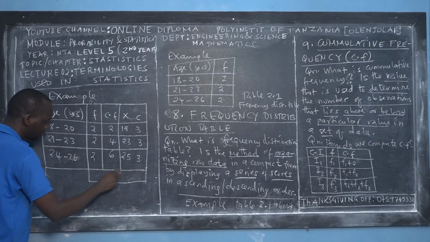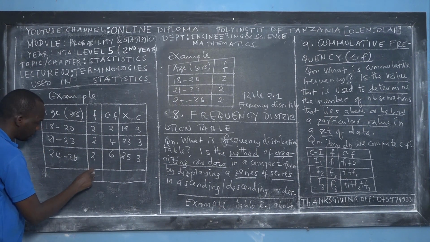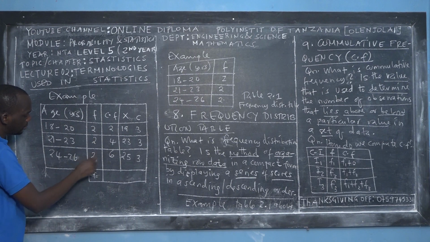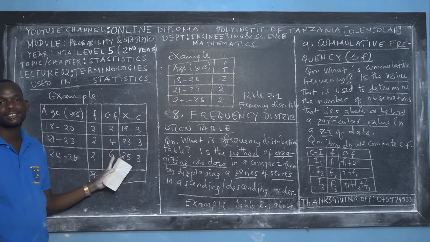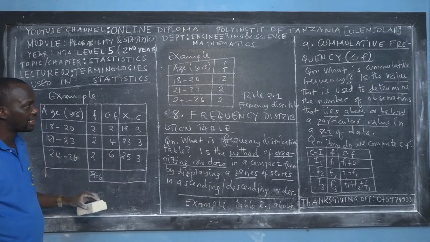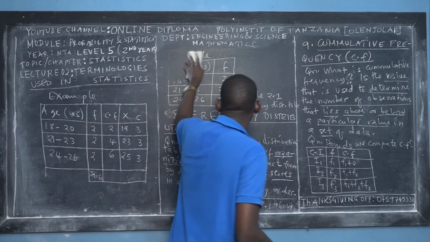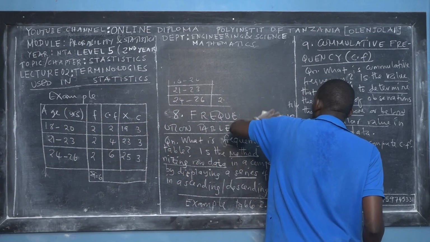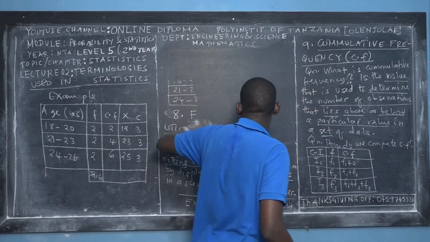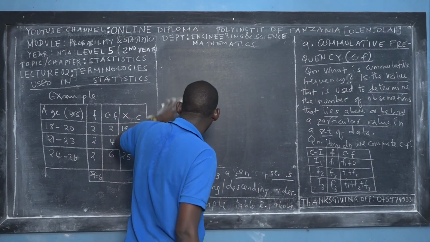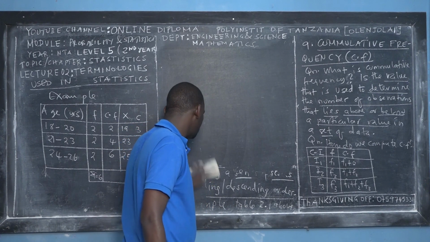We can also have something called the summation of the frequency. For this case, you sum 2 plus 2 plus 2, equal to 6. Always the sum of the frequency will be equal to the last cumulative frequency if the data have been arranged in ascending order. Those are some of the fundamental terminologies used in statistics.